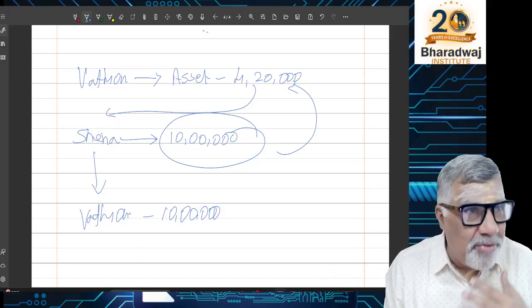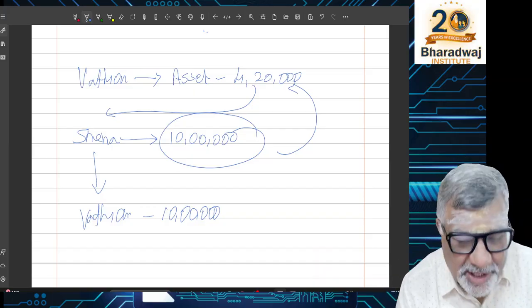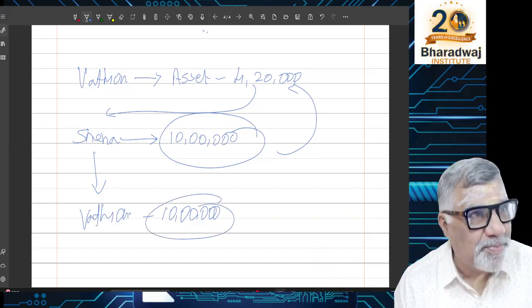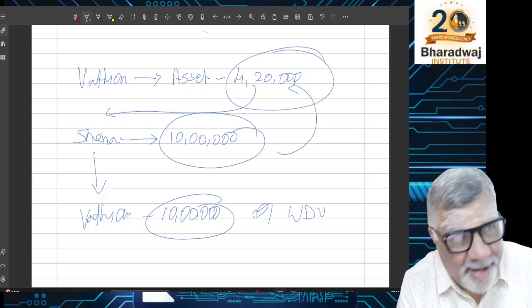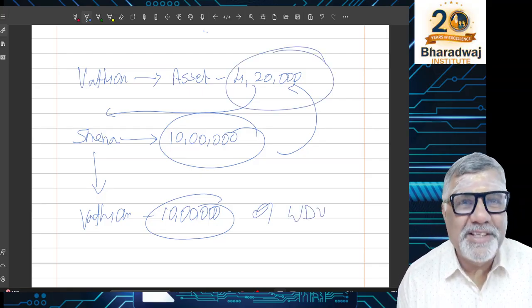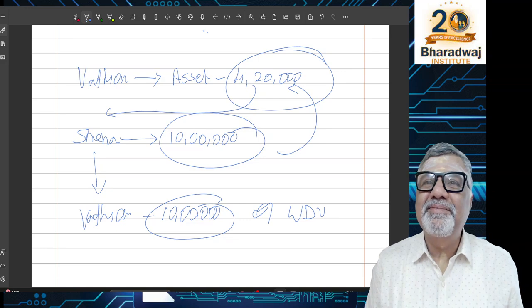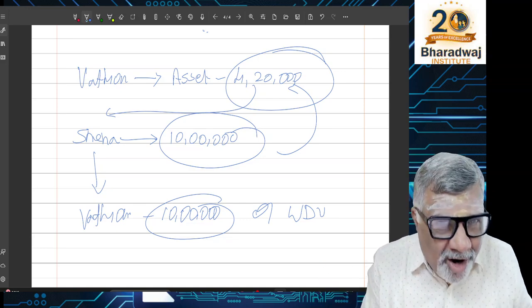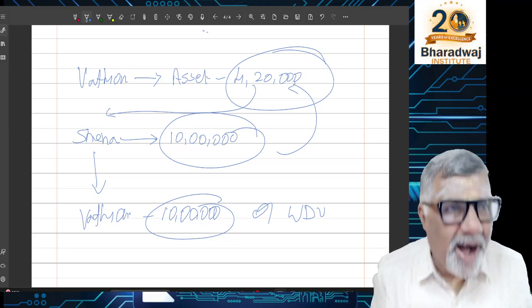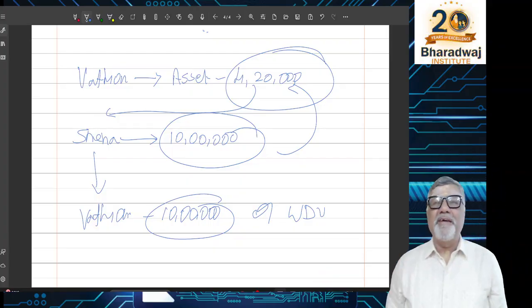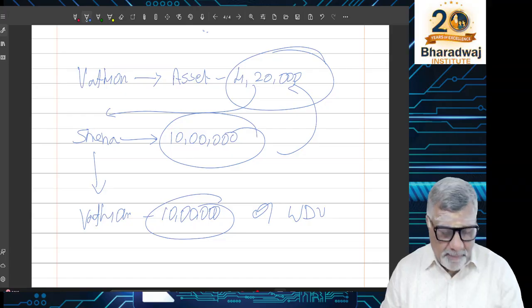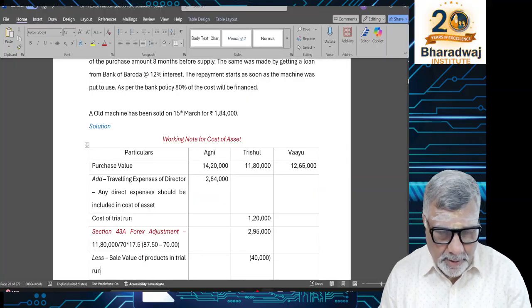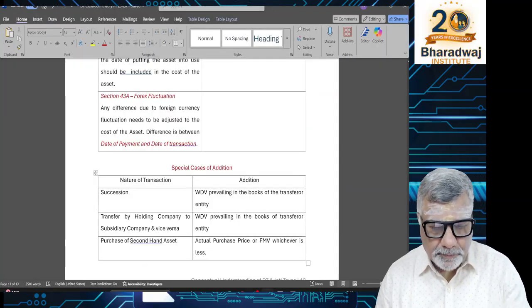The value Watson can record in the books is actual purchase price or WDV at the time of sale, whichever is less. I cannot record any other value other than WDV at the time of sale. Is the class understanding? Okay, right?